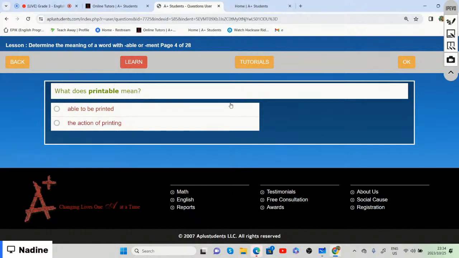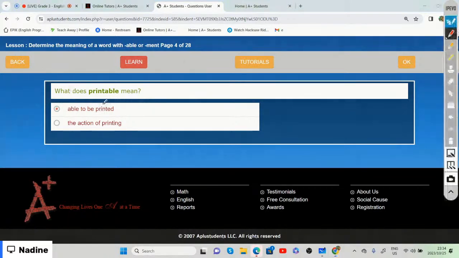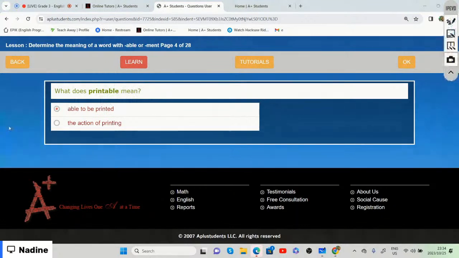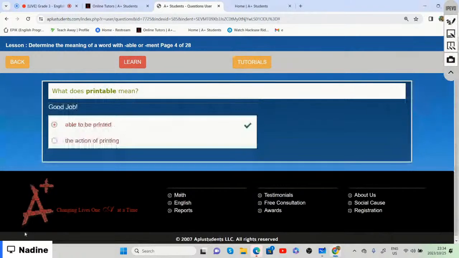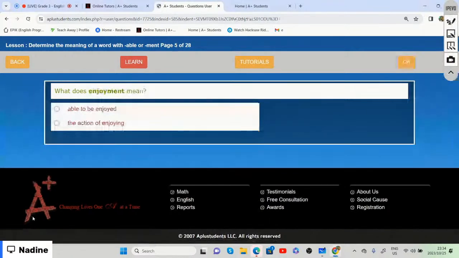Okay, so printable is able to be printed. Because if you just specifically look at the suffix able, it is able to be, right? So able to be printed. So option one is correct. So well done.